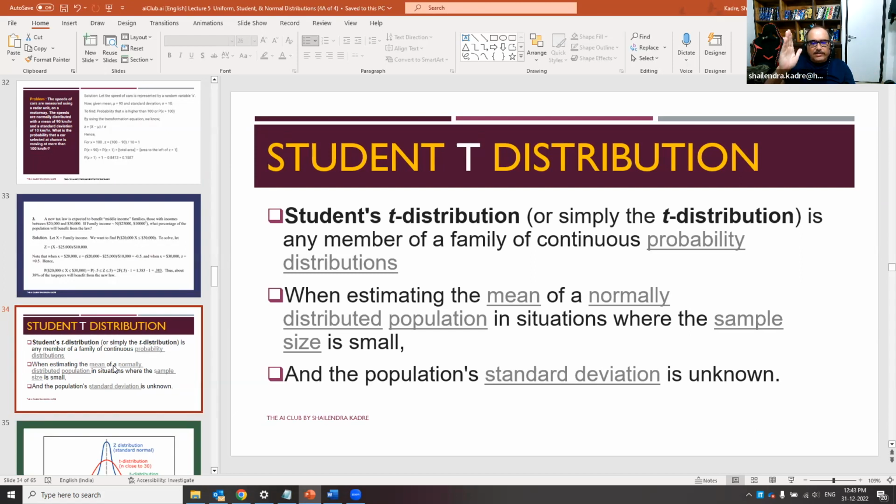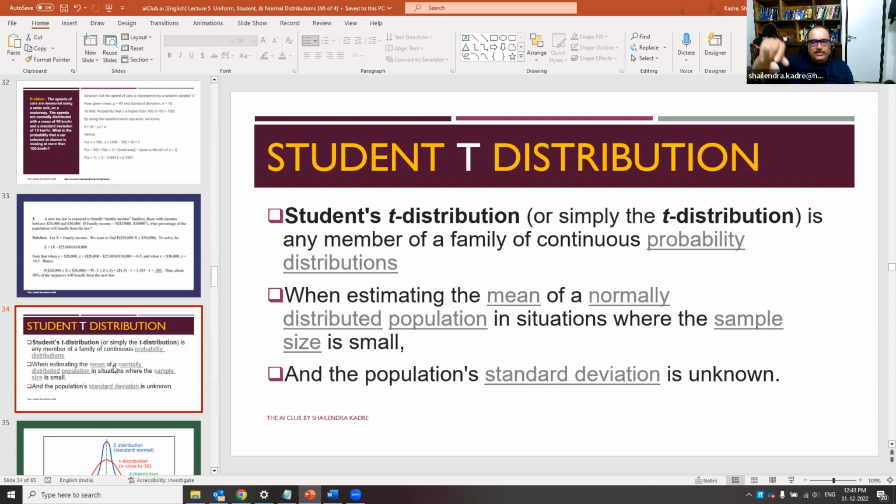First of all, it is a special case of the normal distribution. That is one property. Another property: we know that the normal distribution is for continuous numbers, so it is a continuous distribution. The student t distribution also is a continuous distribution. It is not a discrete distribution.